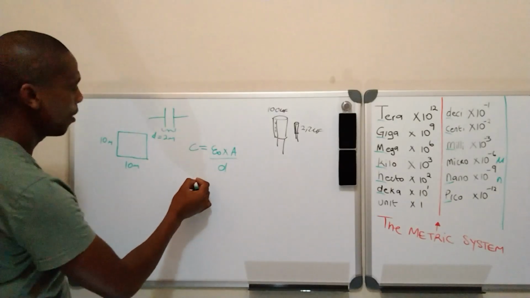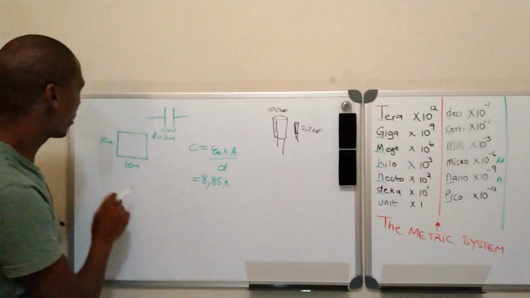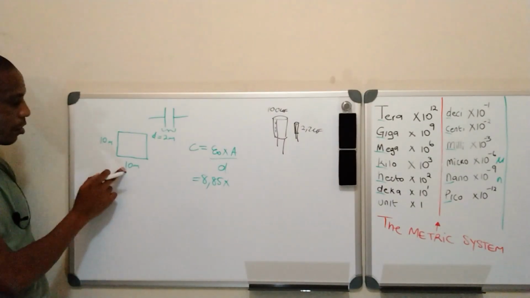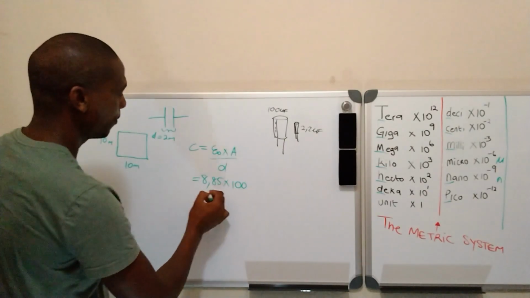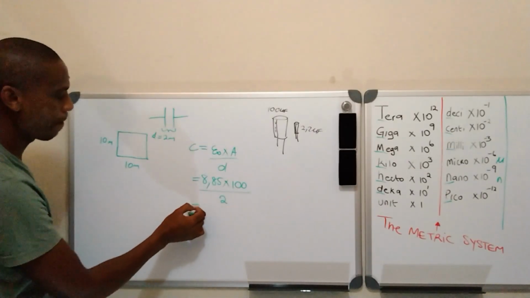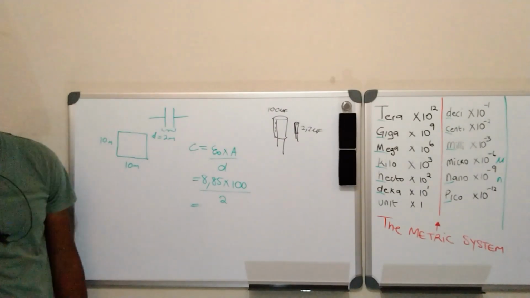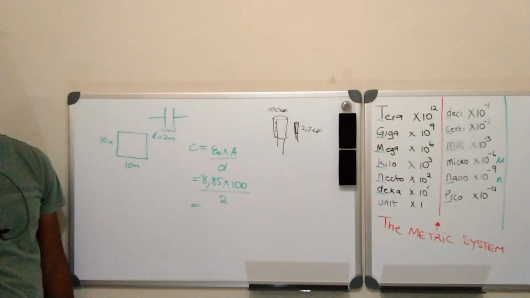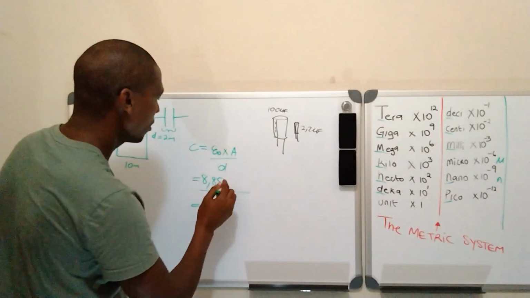Now the permeability is 8.85. The area, we say 10 times 10, which is equal to 100, divided by 2. No, it's not just 8.85, I made a mistake.